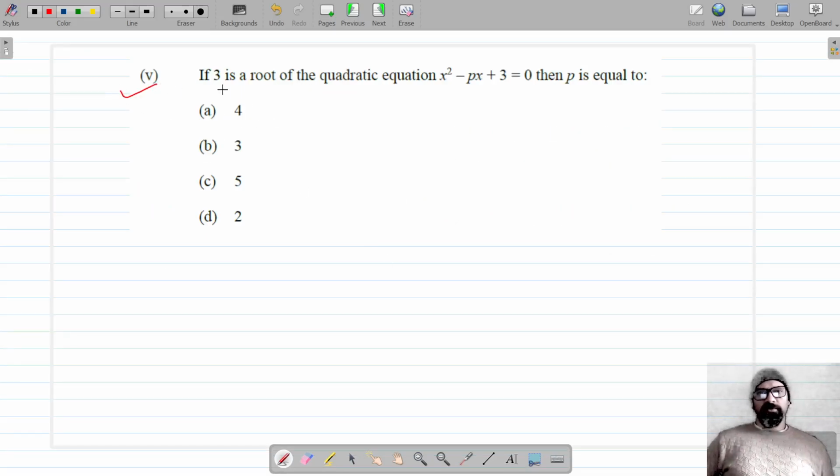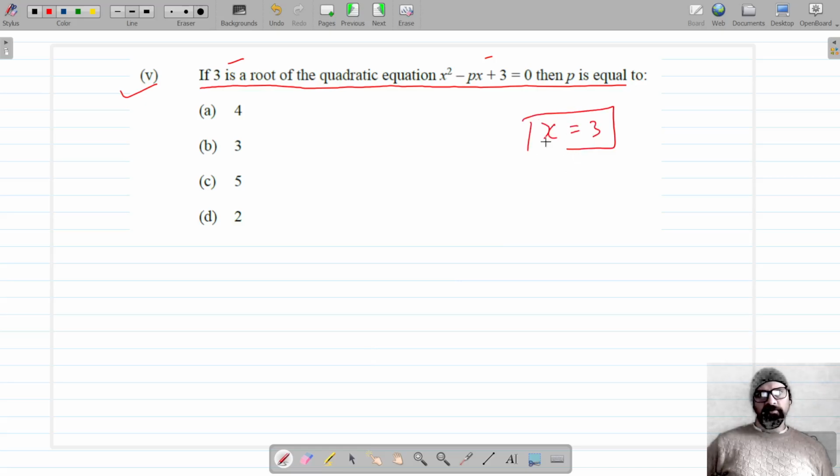Okay, for question number 5, it's given that 3 is a root of the quadratic equation, then p is equal to what. Now, a quadratic equation can have at most two roots. So one of the roots, that is the value of x, is 3.